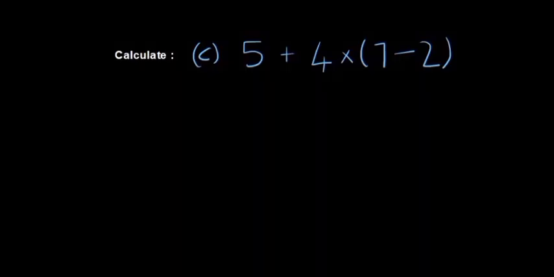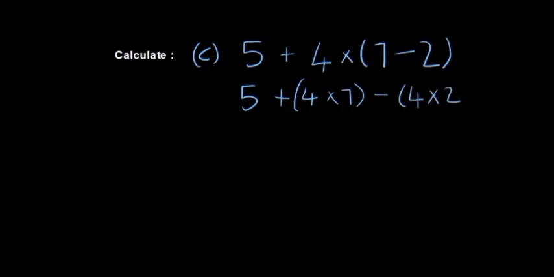In this tricky question, we're gonna ignore the 5 and distribute the 4. So like last time, we're gonna multiply the 4 by 7 to get 28.